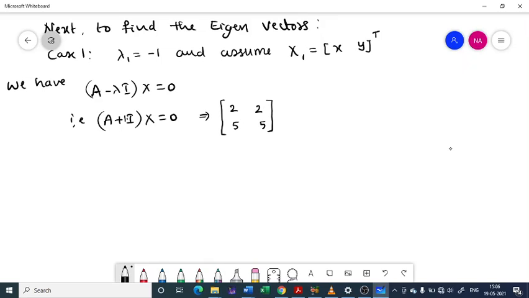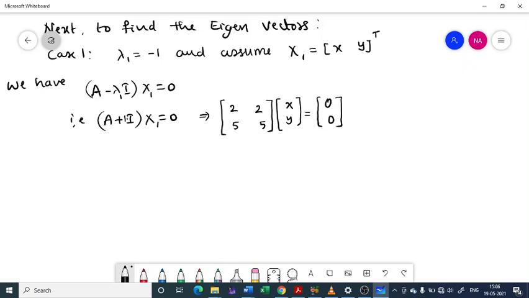We had 4, but adding 1 to the diagonal entry you will get 5. Into x1, which is x, y, equal to, right hand side is a 0 column vector, 0, 0.